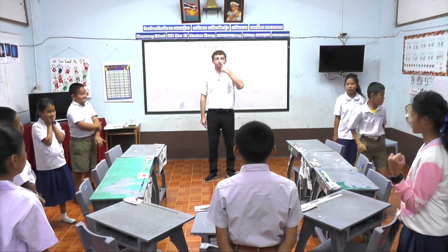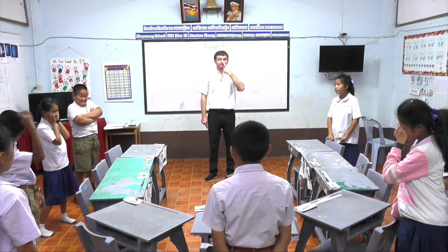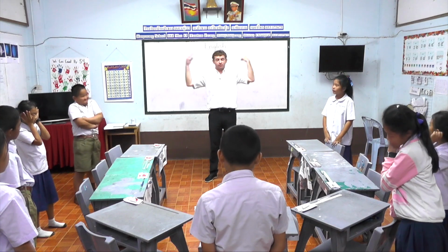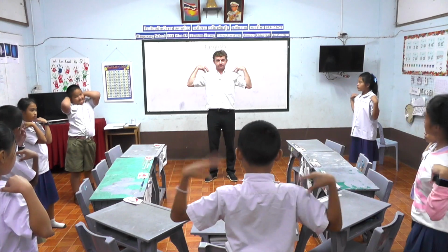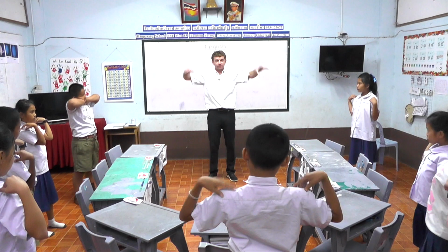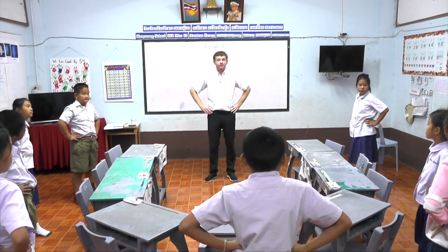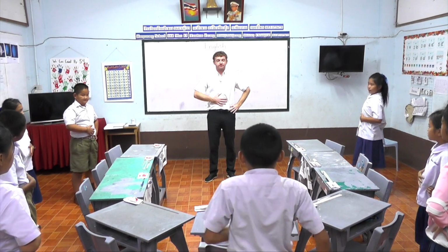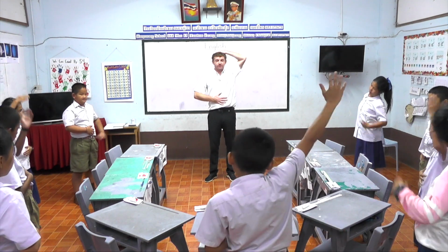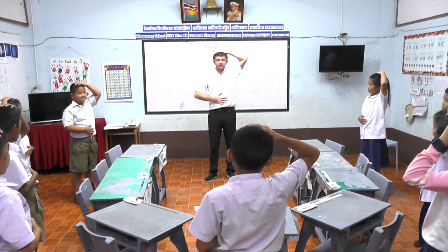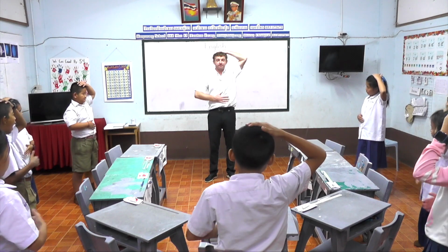Touch your nose. Teacher Says, hands on shoulders. Teacher Says, hands on hips. Teacher Says, touch your stomach. And teacher says, one hand on head. So now teacher says, pat your stomach.